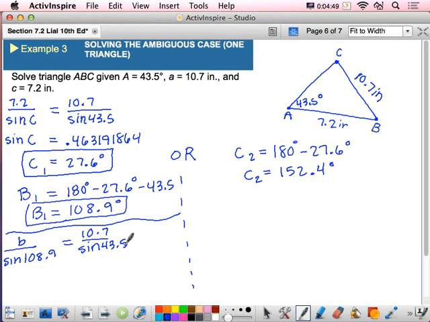So in this case, we get 10.7 times the sine of 108.9 divided by the sine of 43.5. Did you guys get 14.706? Yeah.